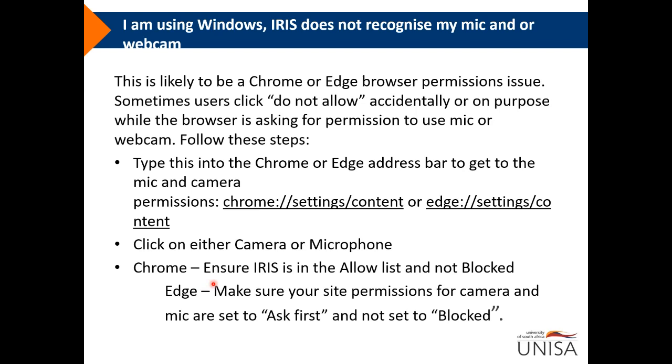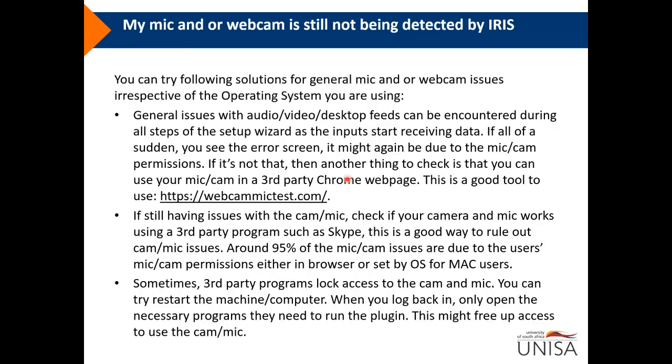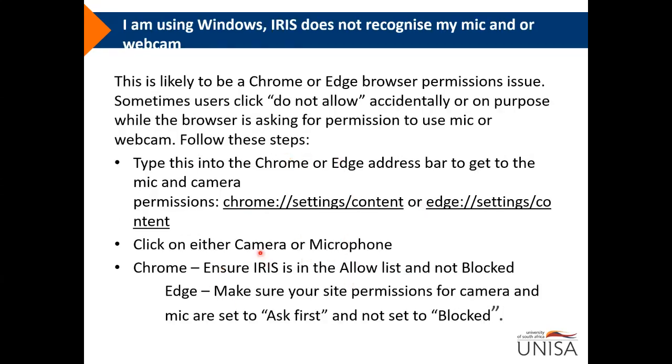On Chrome, ensure that IRIS is on the allow list and not blocked. On Edge, make sure your site permissions for camera and microphone are set to ask first and not blocked. If your microphone is still not working, you can test it on webcammictest.com. Usually the microphone issue is sorted out by doing this.